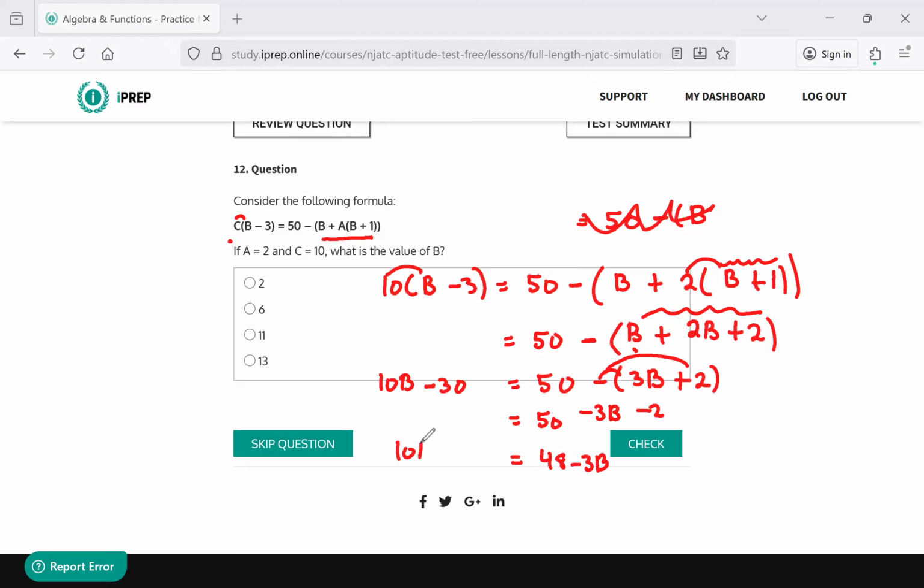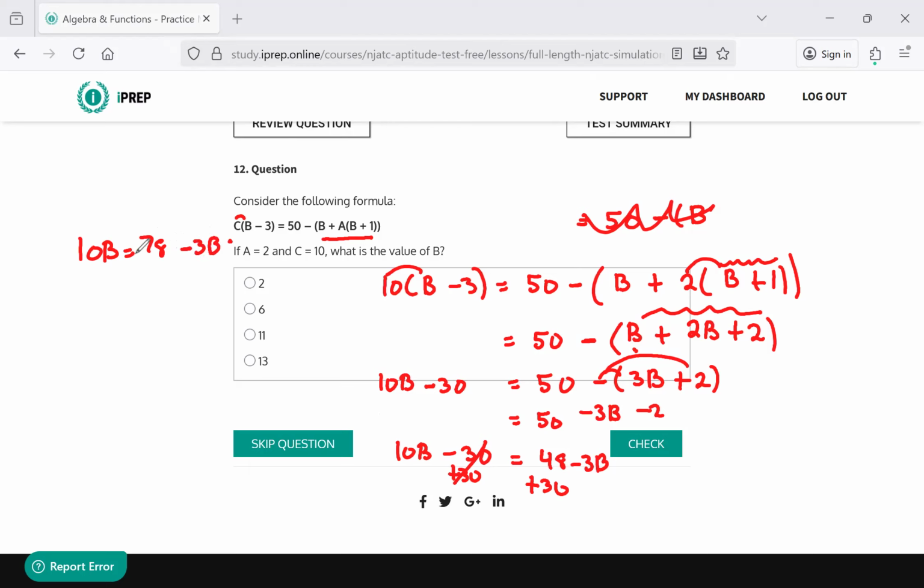And then we have 10B minus 30. Okay, go ahead and solve for B. So maybe I could add 30 to both sides. So this cancels. Let me put it up here. So you have 10B equals to 48 plus 30 is 78 minus 3B.